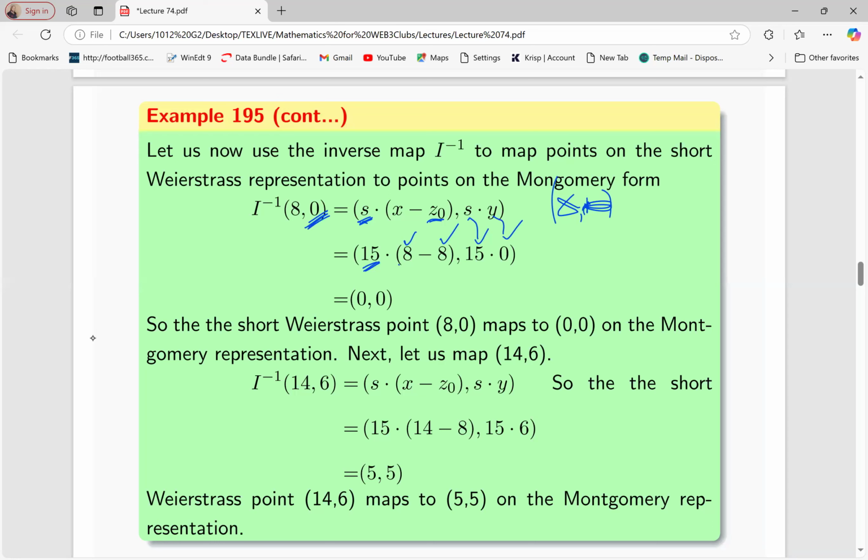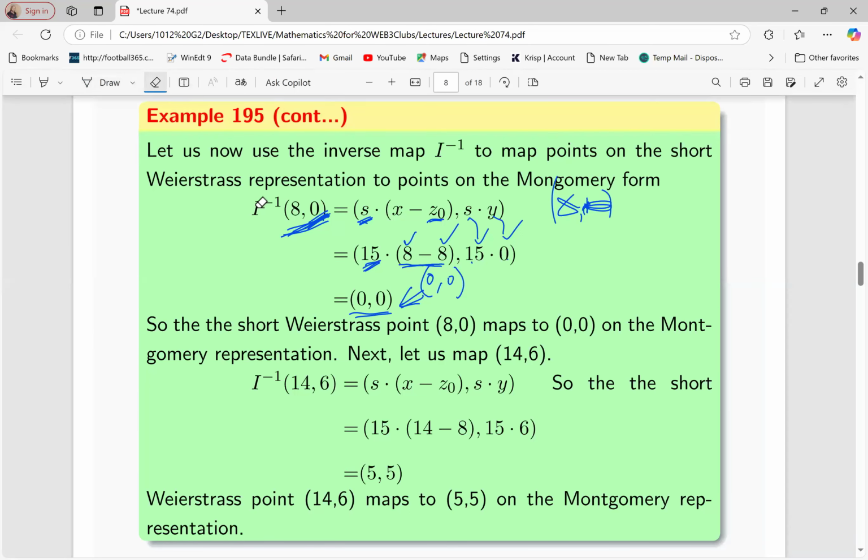Now, this point is easy here. This will be 0 times 15, which will be 0. And then this will be 15 times 0, which is again 0. So you can see that if you've been given 8, 0 on short Weierstrass form, it will be mapped to 0, 0 on Montgomery. So the inverse works, just applying the inverse.